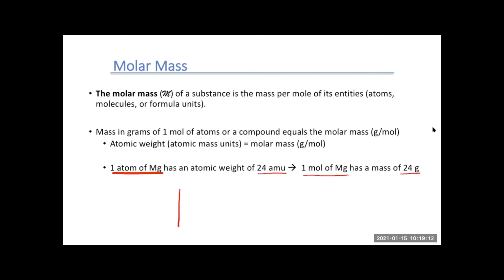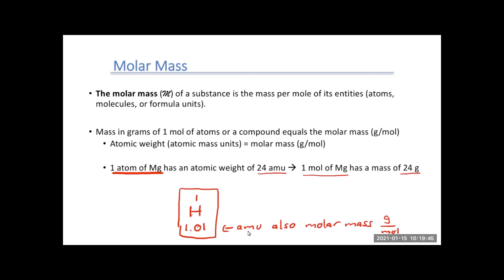So when we're looking at a periodic table, and if I use hydrogen, that number we see on the bottom there, that we know is the atomic mass unit. It is also our molar mass. It is also our grams per mole. So really we use that number. If we're looking at individual atoms, we use it as an atomic mass unit.